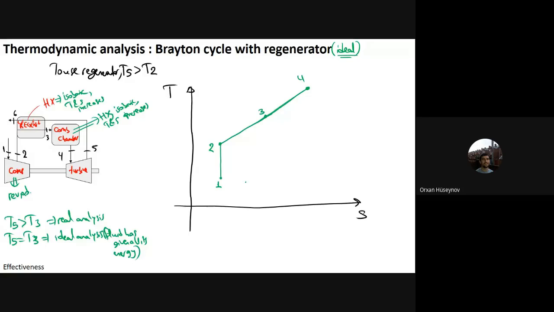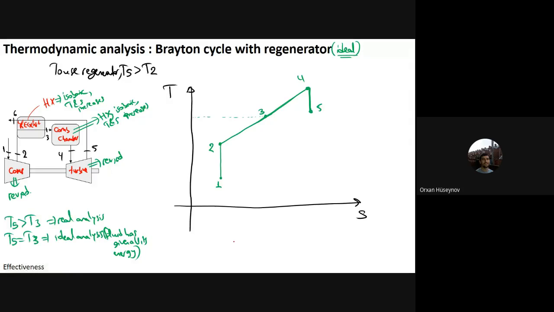Then I will drop from 4 to 5, but this is also reversible and adiabatic, and therefore you will have this isentropic drop. I am not increasing the state 3 value here, so let me put it as 3 here, and 5 should be less than that one. Here you will have state 5. Then from 5 to 6, the temperature drops in the regenerator.